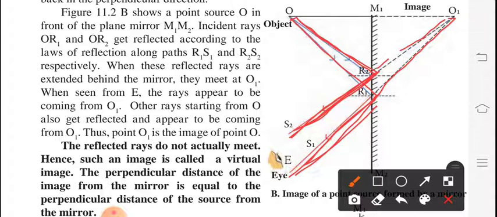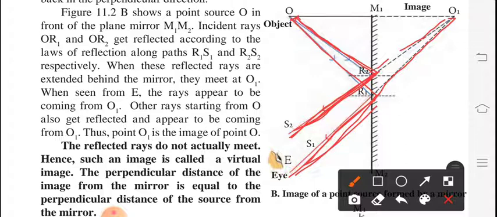Other rays starting from O also get reflected and appear to be coming from O1. These rays start from the object O, but we feel like they are coming from O1.